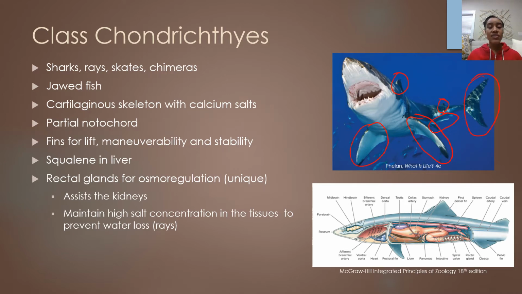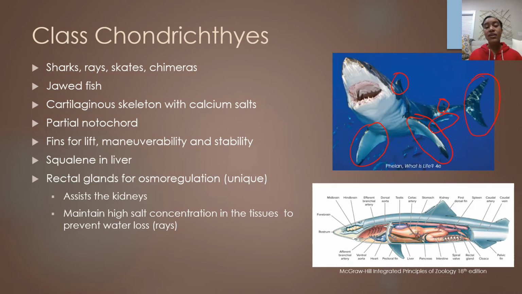These cartilaginous fish can do a lot of great things, but one thing they're not great at is being buoyant. If sharks stop swimming, they will sink, as will all other cartilaginous fish. They're quite dense. To help with this buoyancy issue, they have a very fatty liver filled with a lipid called squalene.